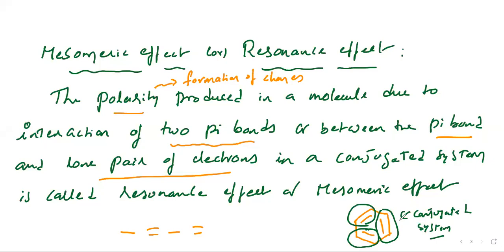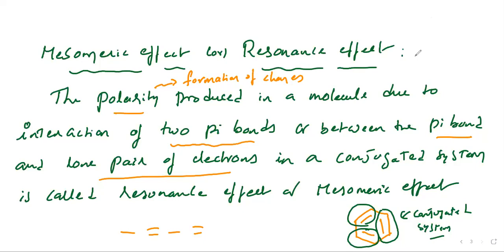So the polarity, that is, the formation of charges produced in a molecule due to interaction of two pi bonds, or between a pi bond and a lone pair of electrons in a conjugated system, is called the resonance effect or mesomeric effect. Is it clear, students? Like the electromeric effect and inductive effect, it is also classified into two types: minus R effect and plus R effect.